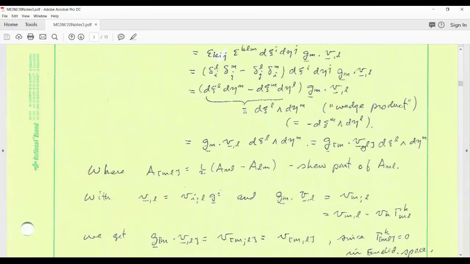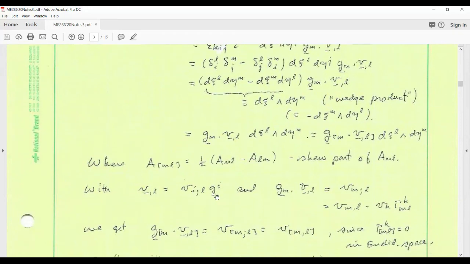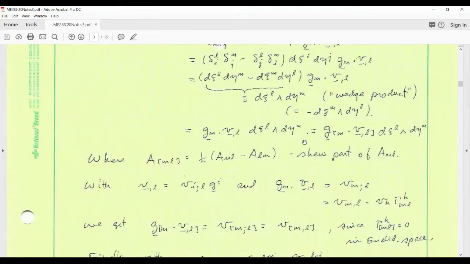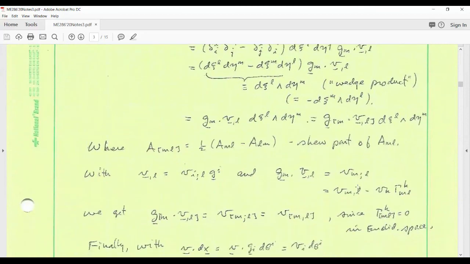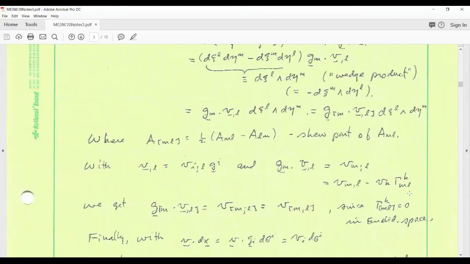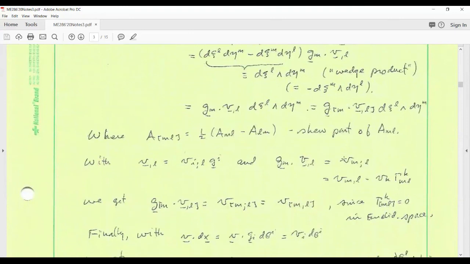Now this involves a partial of V with respect to L. We can write that in terms of the covariant derivative, V^I semicolon L, g_I. Take a dot with g_M as required in this formula. That just gives us the covariant derivative V_M semicolon L, which, if you recall, is a partial derivative plus connection terms with connection coefficients. Again, the L goes with the second index on the gamma. Now I only need the skew symmetric part of that with respect to the indices ML.